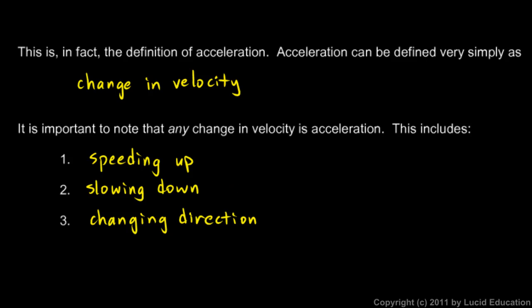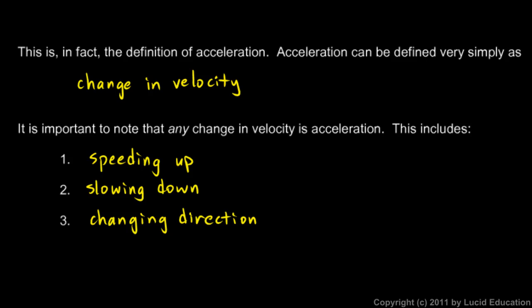Slowing down, we often refer to that as deceleration, and that's fine too, that's accurate. But according to this definition, if acceleration is any change in velocity, then slowing down would be a change in velocity. So that would be an acceleration. And mathematically, that would end up being a negative acceleration. But all three of these would be acceleration under this definition.